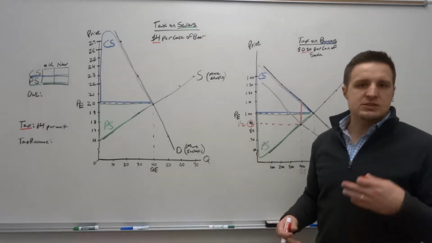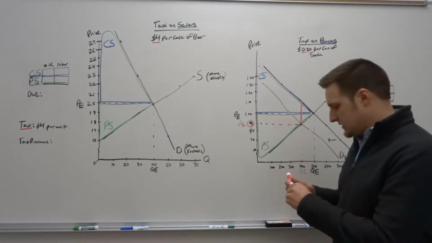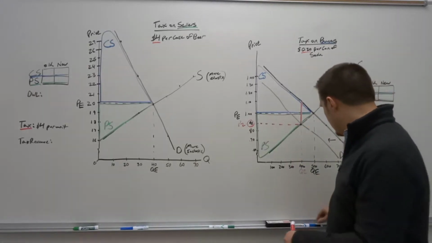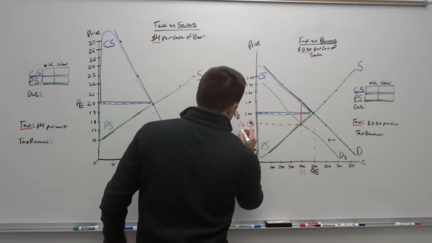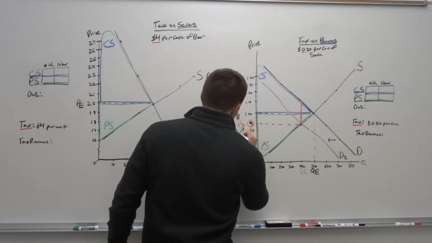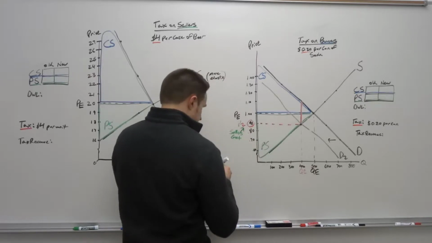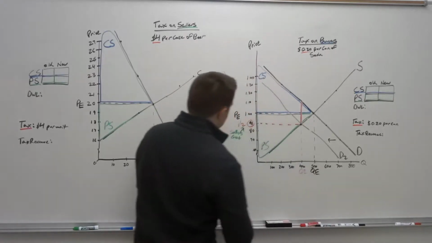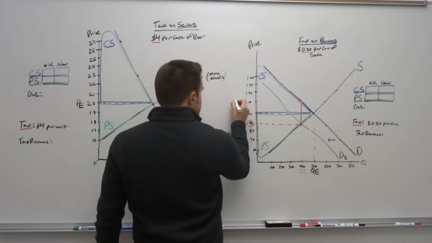Now, in most instances, we're just paying the retailer the extra, but on the graph, this is the way it's going to look. So when you add the tax in, this is what the seller is going to get: they're going to keep that 90 cents. But the buyer is going to end up paying 90 cents plus 20 cents in tax.